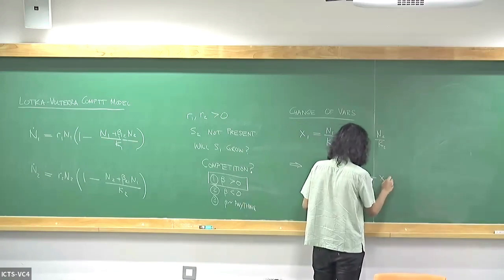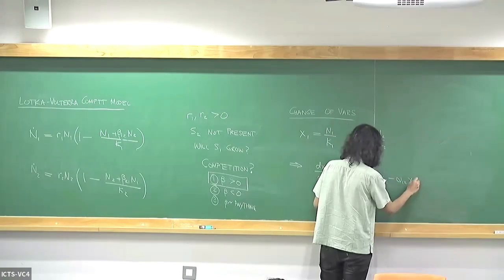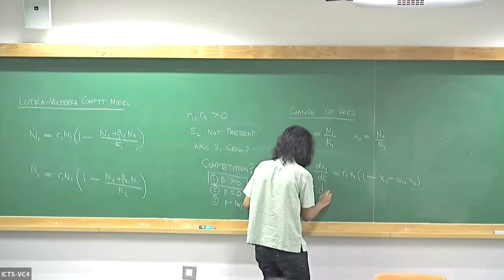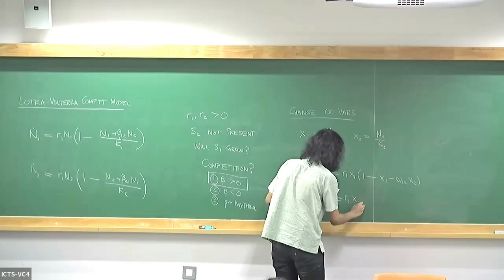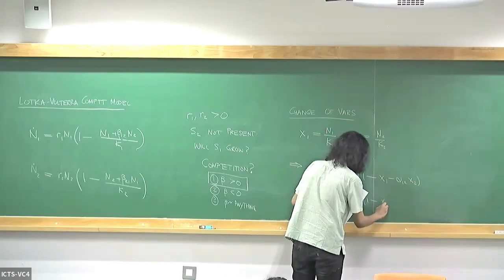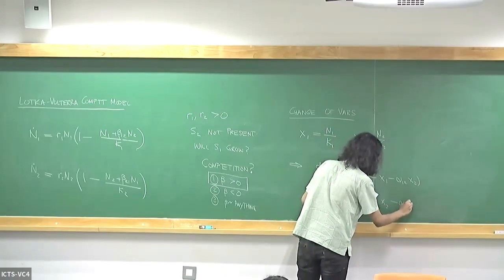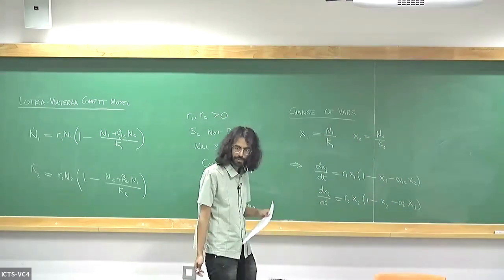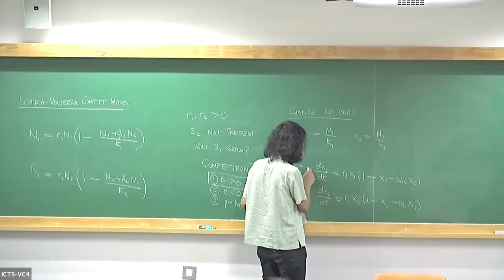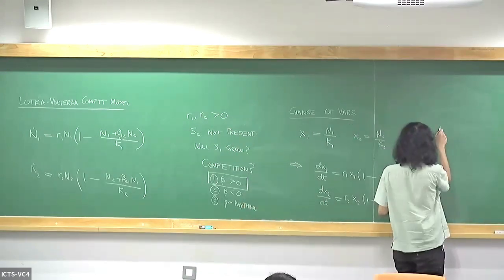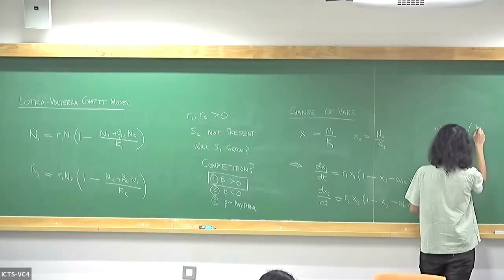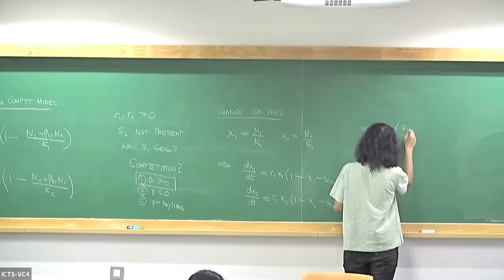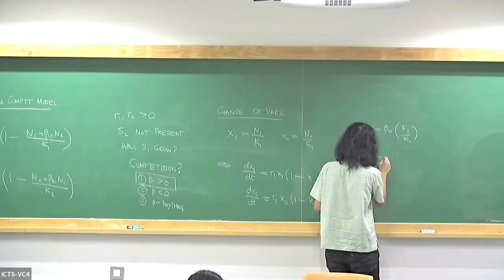Just to write down. And this has a few names. This is either the standard form of the Lotka-Volterra competition model, or it's the generalized form of it, and so on and so forth, right? And then you can relate alpha 1,2 with beta 1,2, and alpha 2,1 with beta 2,1.